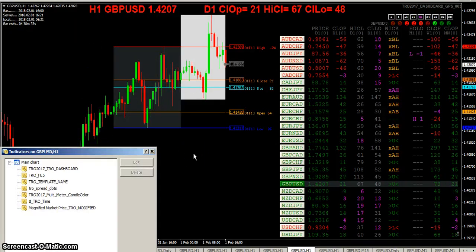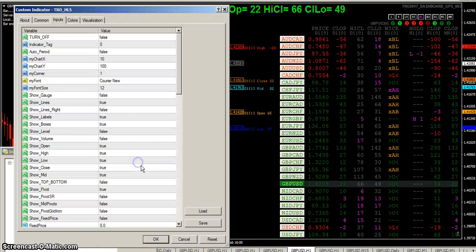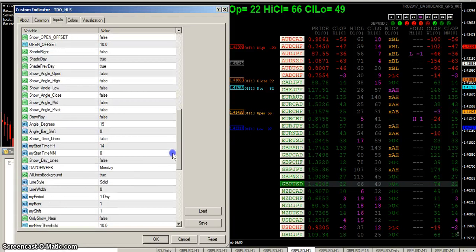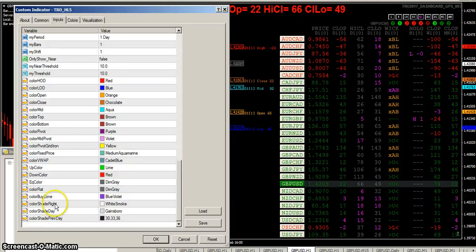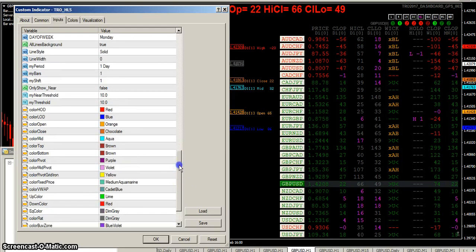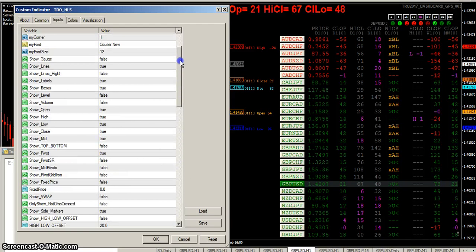And what I did to it was I gave it the ability to shade the current day and also shade the previous day. And I know at the bottom you can also shade to the right of the chart. I can show you that in just a second here. So you've got the color shade, color previous day.